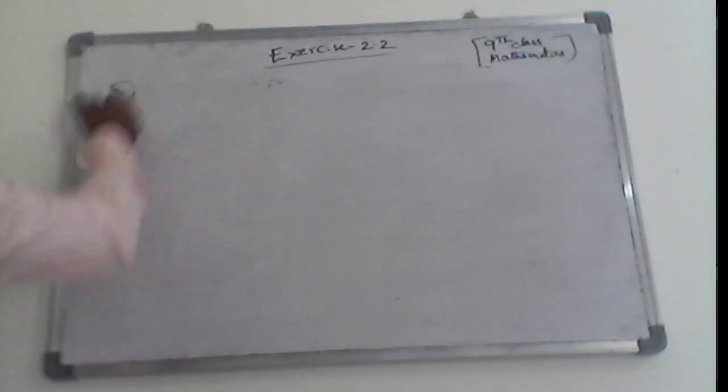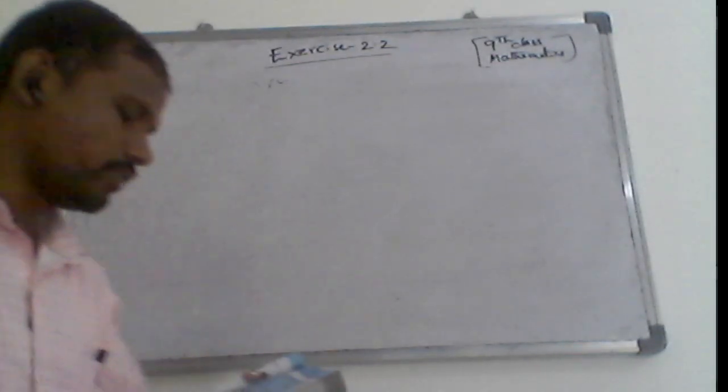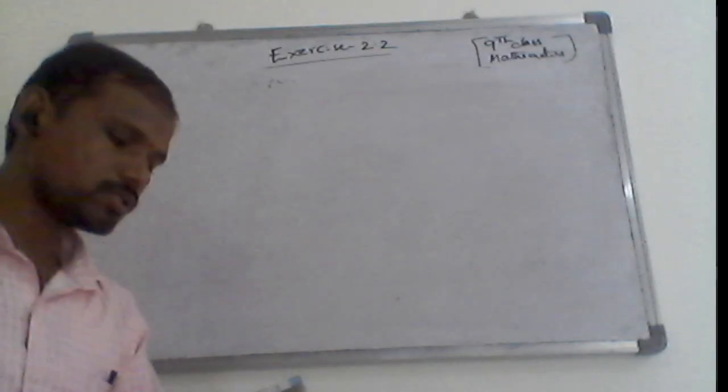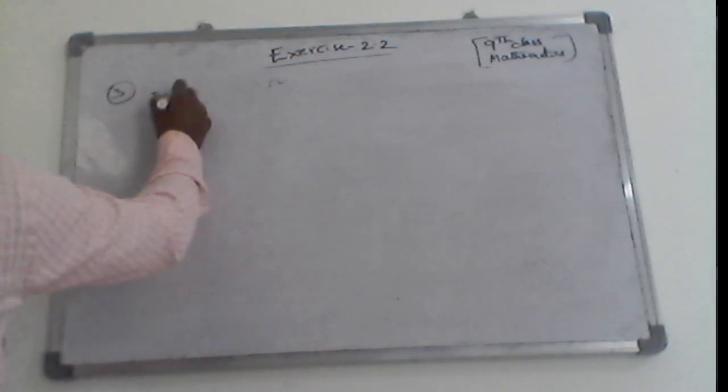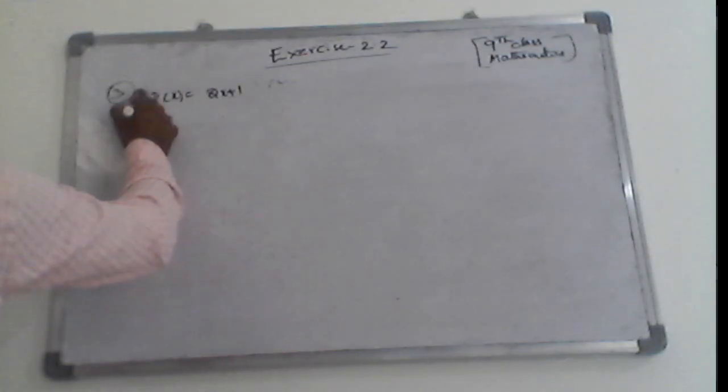Verify whether the values of x given in each case are the zeros of the polynomial or not. So first one, P of x equal to 2x plus 1. Third bit, first question.